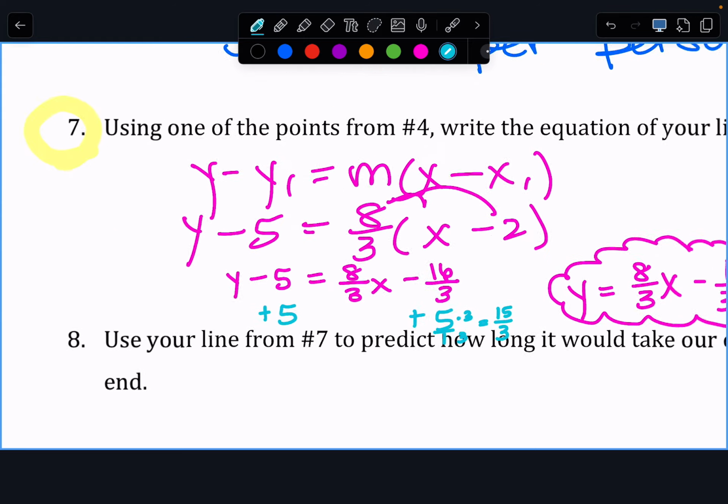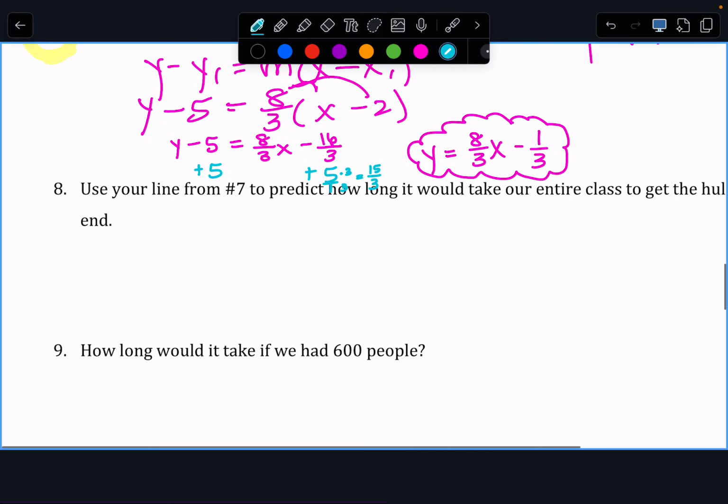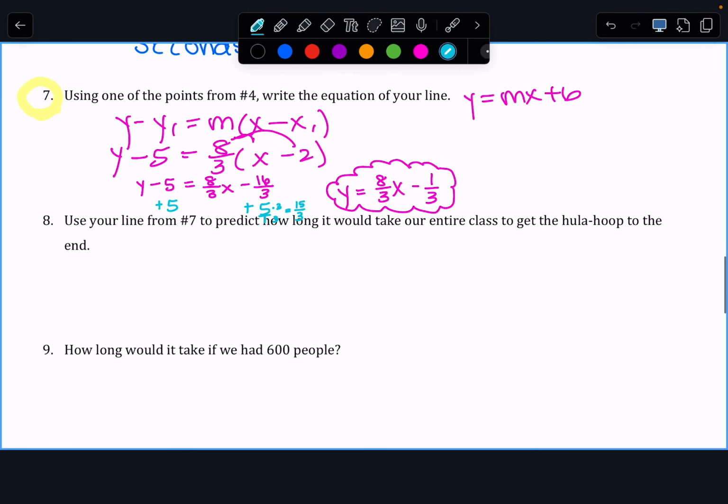Now, let's use this to predict how long it would take our entire class. Not everybody wanted to participate. Fine. How many people do we have in here, not including me? There's 27.